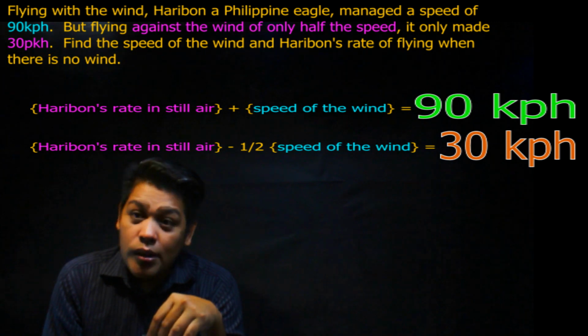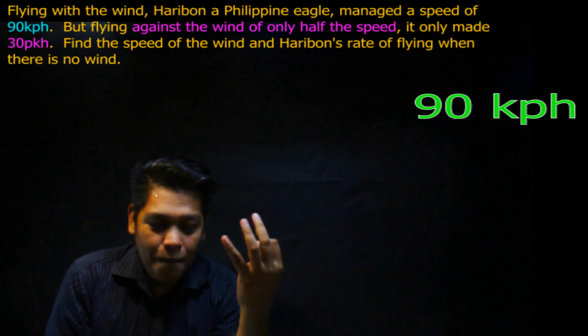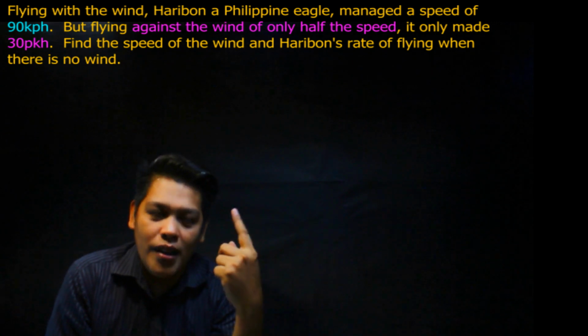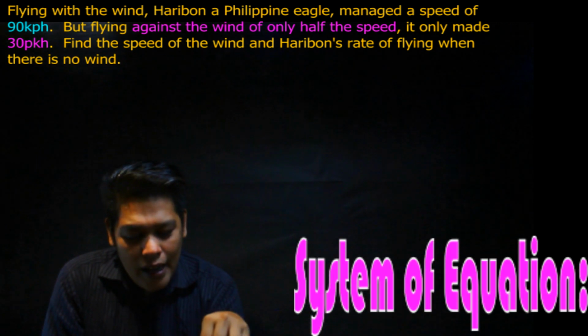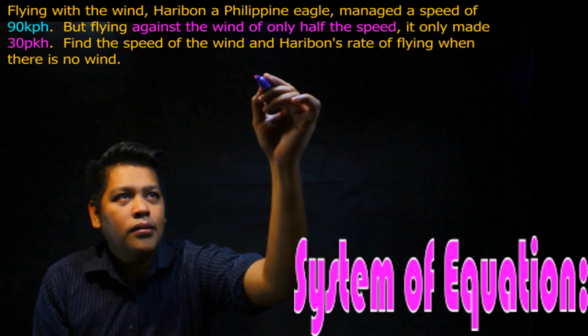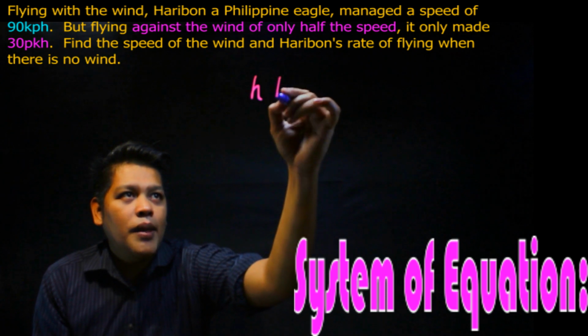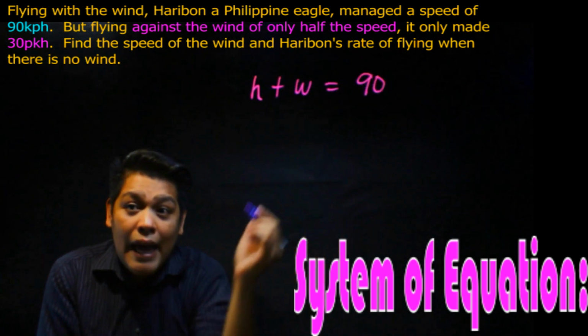So, let's go to step number 3, which is the system of equations. Sa system of equation, alam natin na ang Haribon's rate plus the wind equals 90.